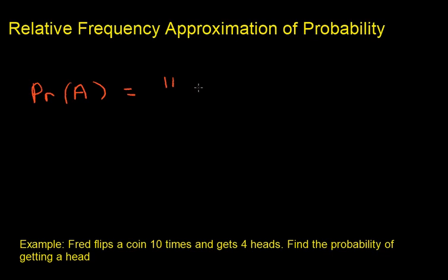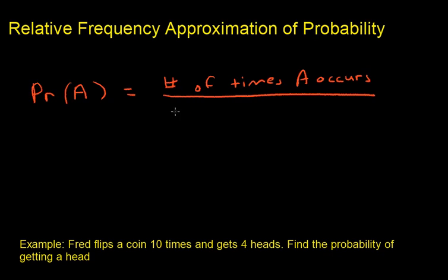So the number of times A occurs, divided by the number of times the procedure was repeated.